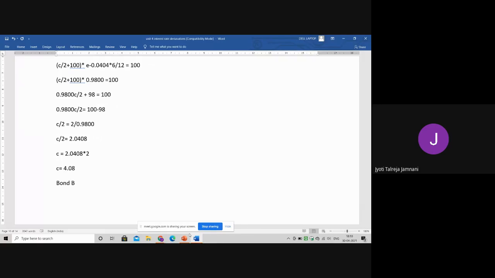Bond B has 1 year maturity. 1 year maturity means 2 times the coupon will be given.